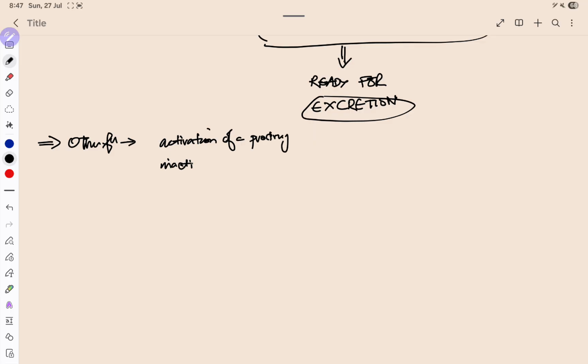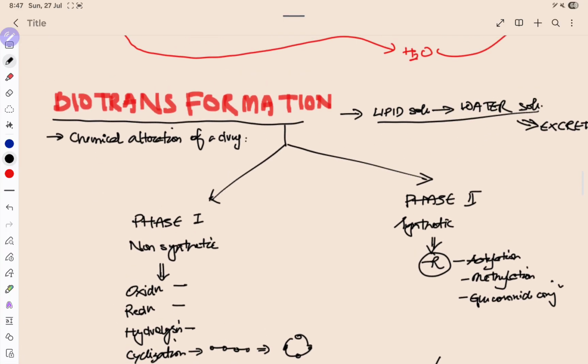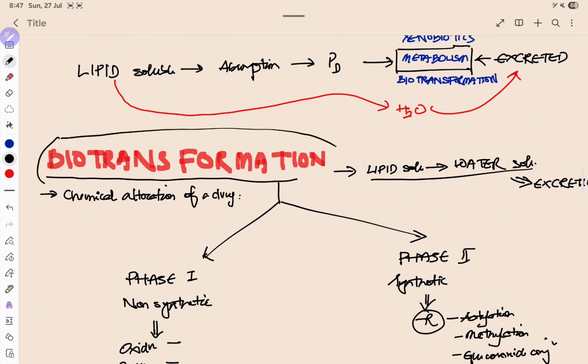Then inactivation of an active drug, the one that we had just discussed now, or it could help in formation of an active metabolite from an active drug, or formation of an inactive metabolite from an active drug again. So biotransformation again, this is repeatedly asked as a long question.